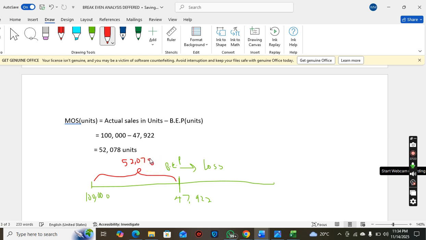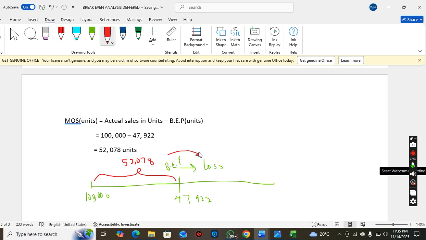So this is your margin of safety here, these 52,078 units, your room for error before you touch your break-even point, and below your break-even point you're going to start making a loss. All right, so this is your room for error, these 52,078 units.